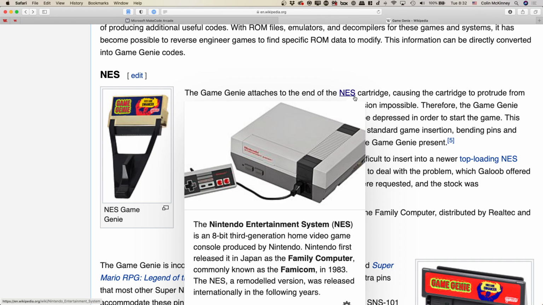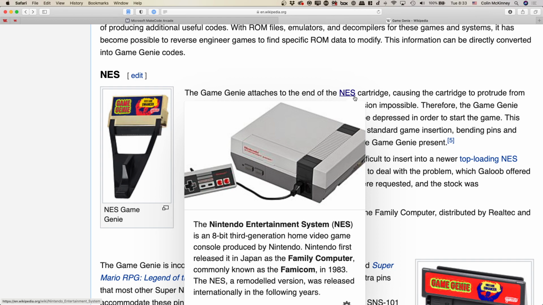So, for example, in the original Mario, the number of lives you have is stored at a specific location in memory, and it's the same for every physical cartridge of Mario in existence, right? Well, if you know where that spot is, then you can change its value or have the Game Genie basically maintain its value.